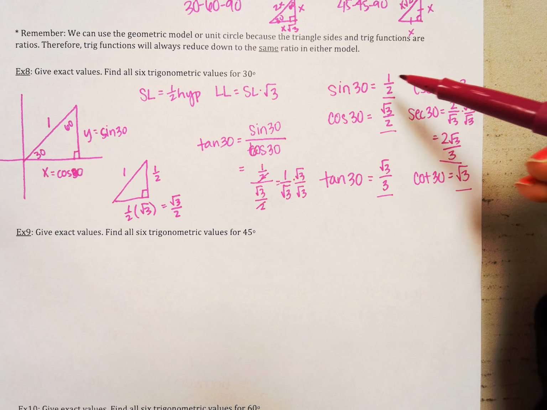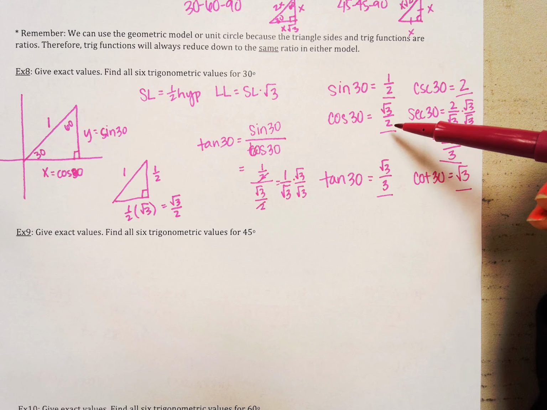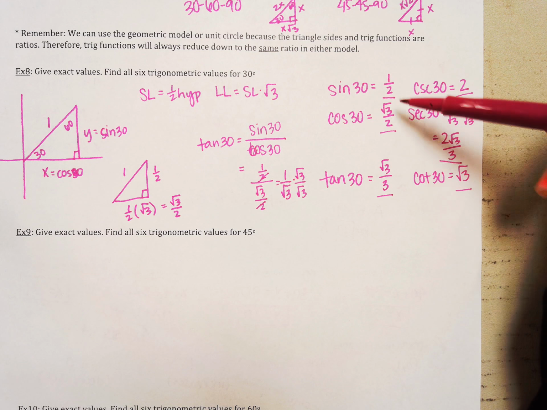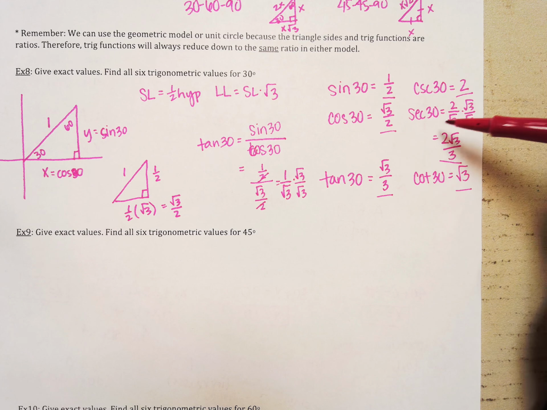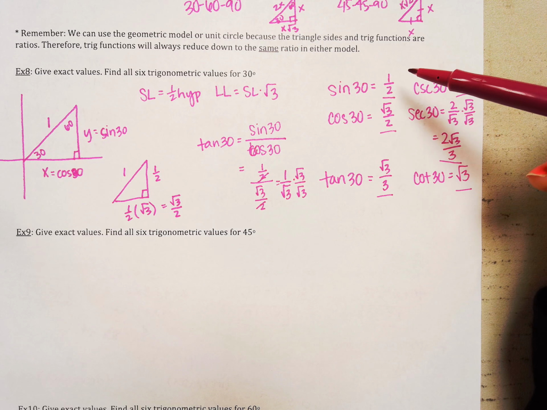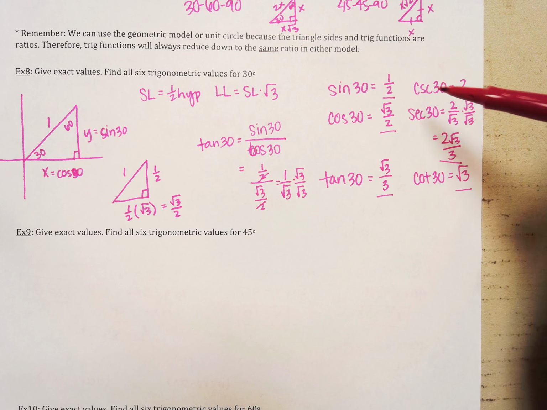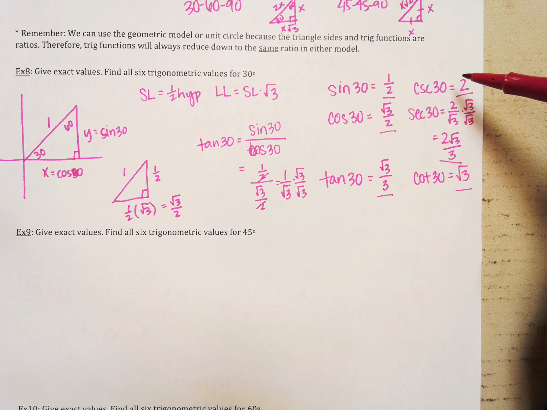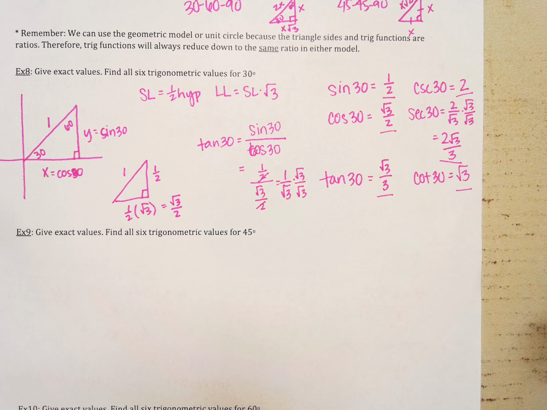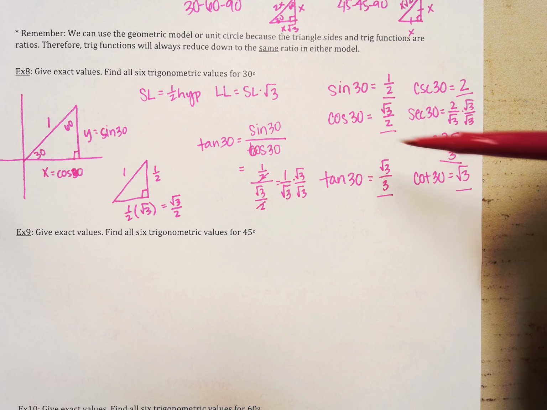My cosine would then be 1/2, and that would make my secant 2, and then my sine would be √3 over 2, my cosecant would be 2 √3 over 3, and then my tangent values would flip. That's because of my cofunction identities, that the sine of 30 degrees is the same thing as the cosine of 60. So that would flip all of my ratios here.